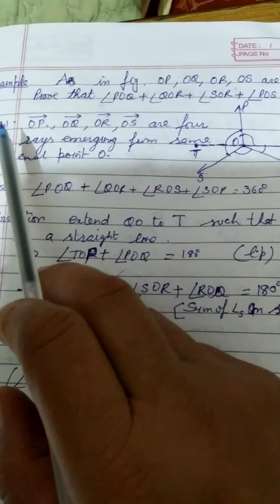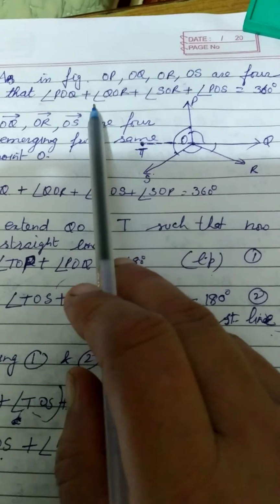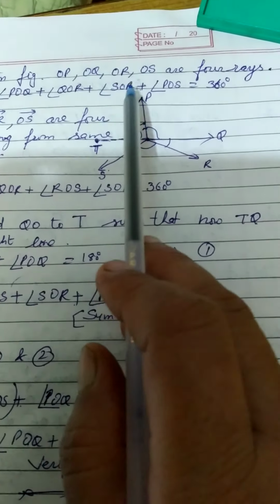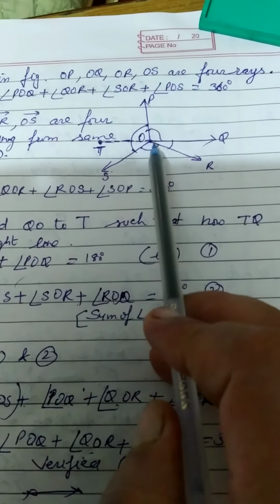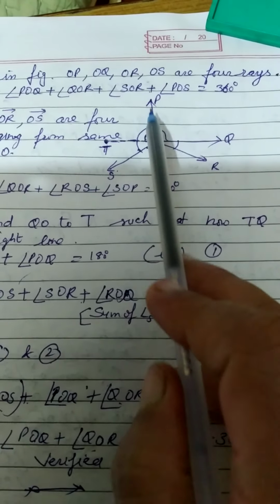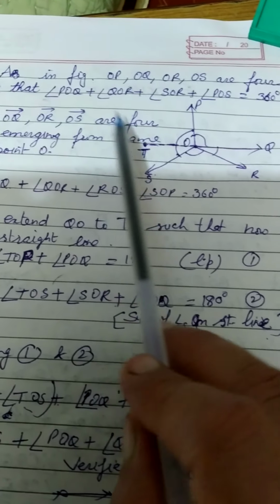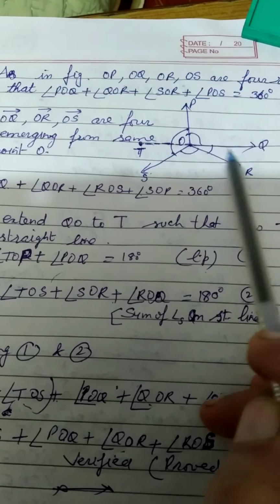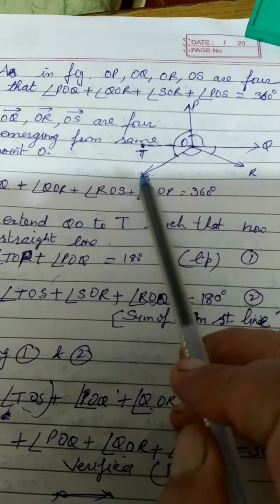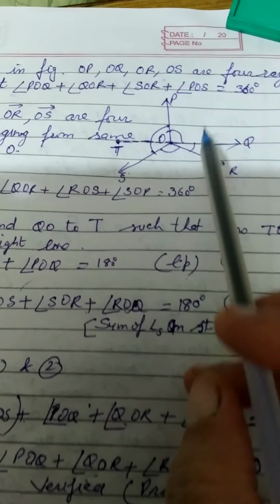Now we come to the next example, and this is also very important. As in figure, OP, OQ, OR, OS are 4 rays. Prove that angle POQ plus angle QOR plus angle ROS plus angle POS is equal to 360.